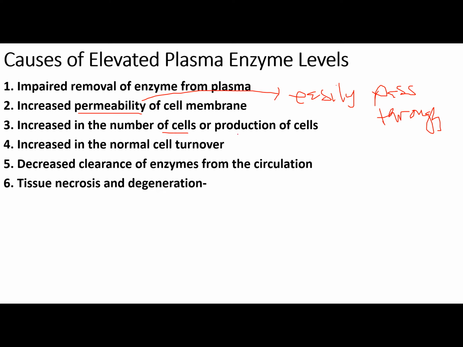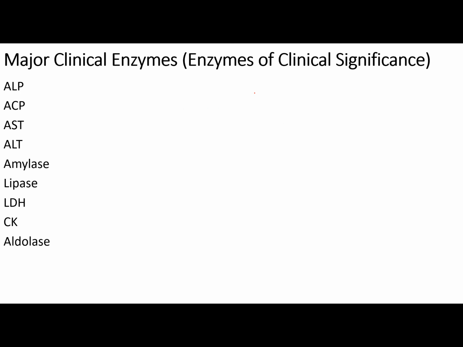Increase in the number of cells or production of cells, increase in the normal cell turnover, decreased cell clearance of enzymes from the circulation, and tissue necrosis and degeneration. So these are the 6 causes of elevated plasma enzyme levels.